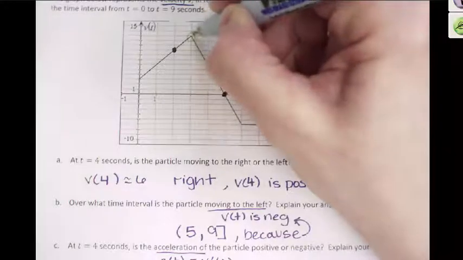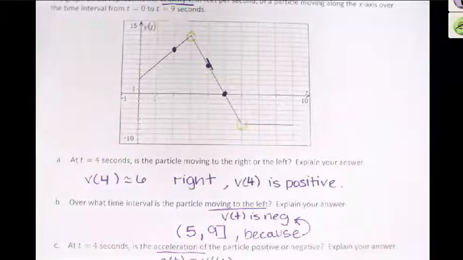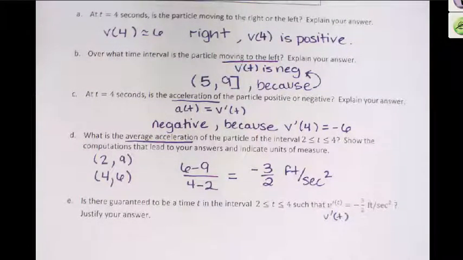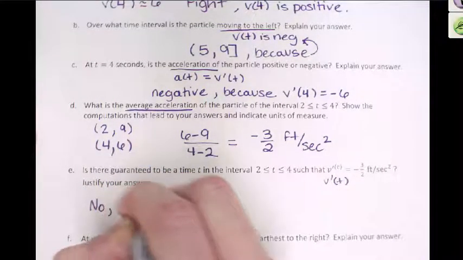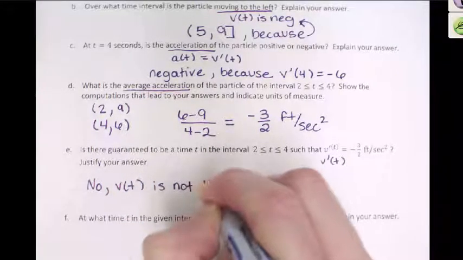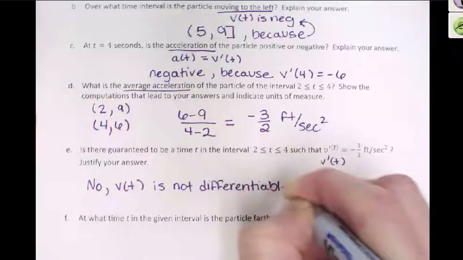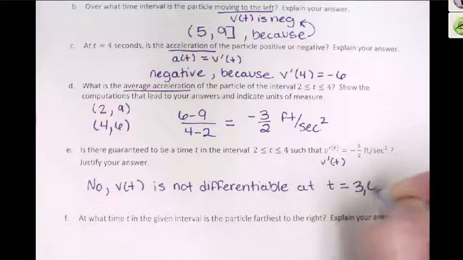If you'll notice, here and here, we have a sharp corner, at 3 and at 6, which means our velocity is not differentiable everywhere. So we cannot apply MVT or IVT. So we can say no, v of t is not differentiable at times 3 and 6.